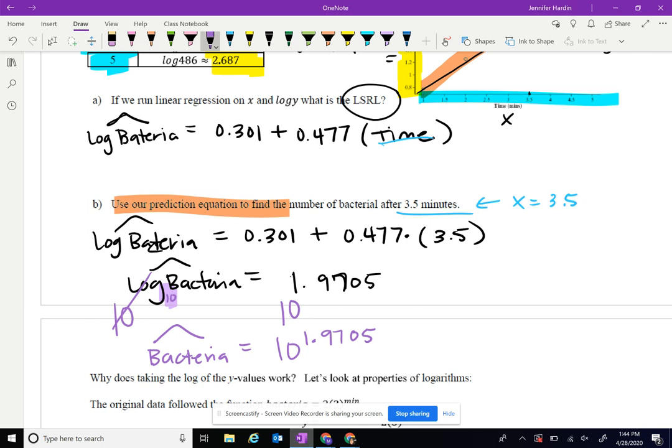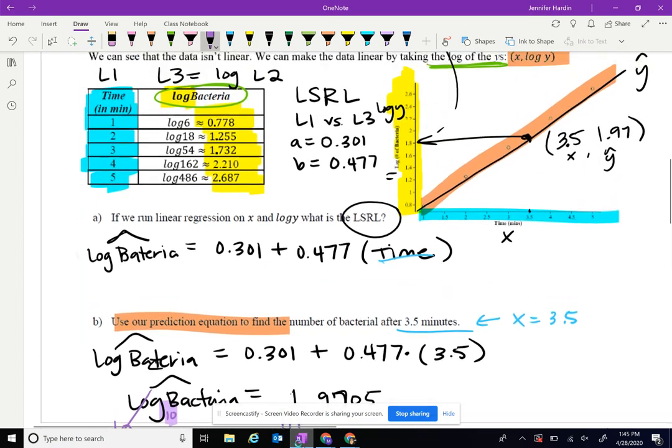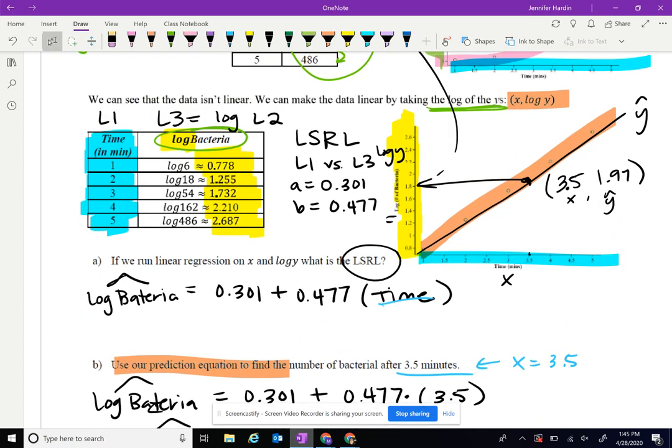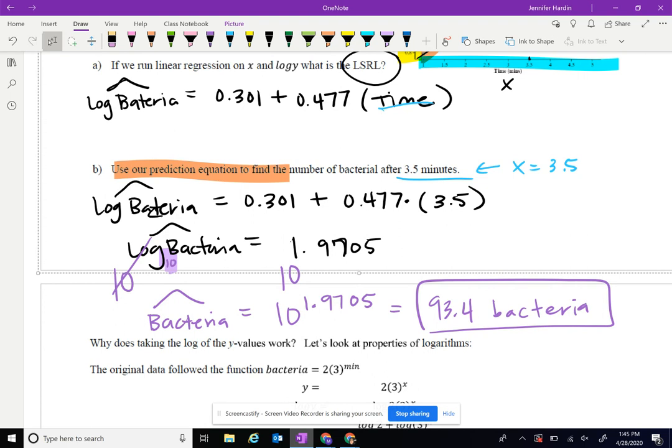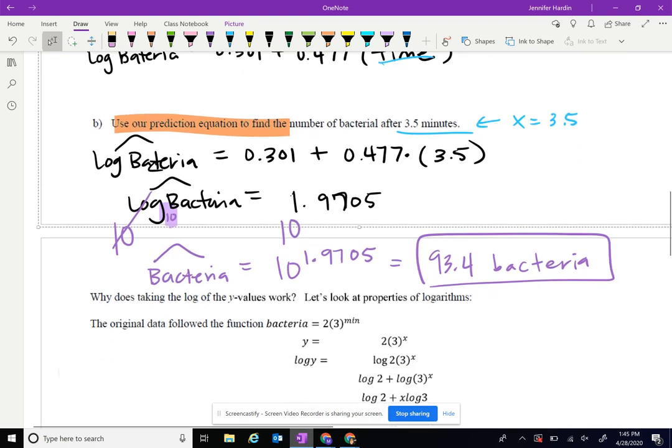That exponent should be 93.4 bacteria. So does that make sense? When we plugged in 3.5, in between 3 and 4 minutes, we have between 54 and 162 bacteria. Makes sense. Why does that work?